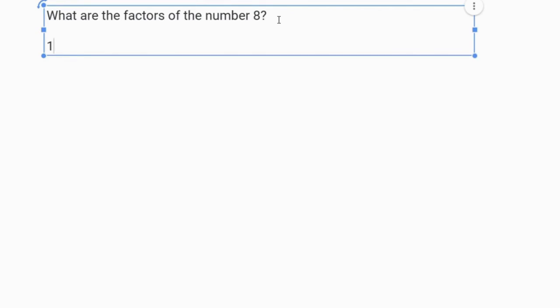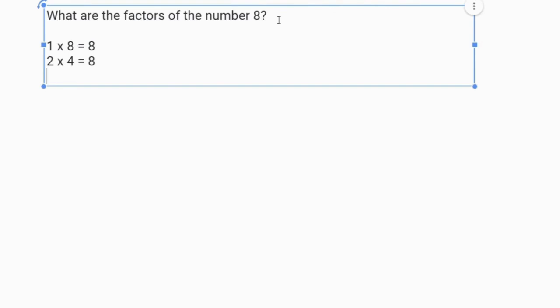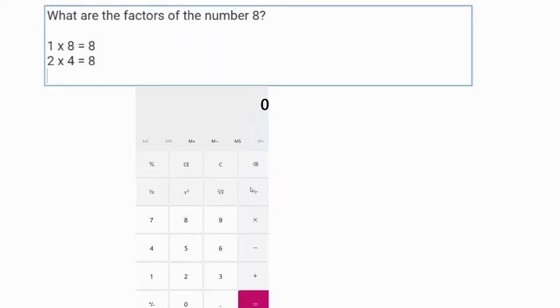Okay, so numbers that when you multiply together equal 8. 1 times 8 equals 8. Let's take 2. 2 times 4 equals 8. Now, what about 3? I'm not so sure that 3 times any number equals 8, but let's just check to be sure.